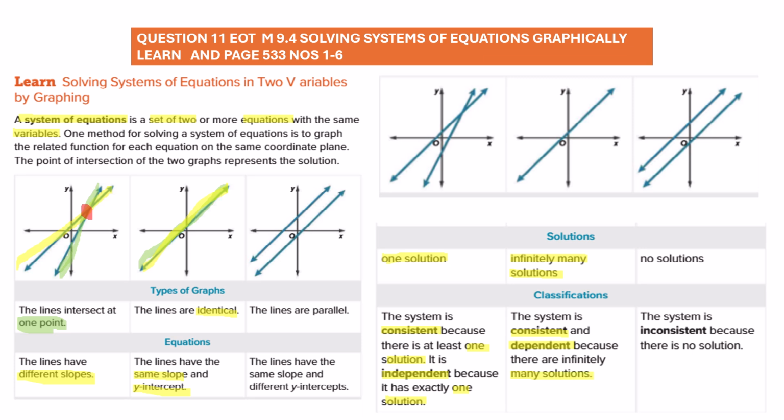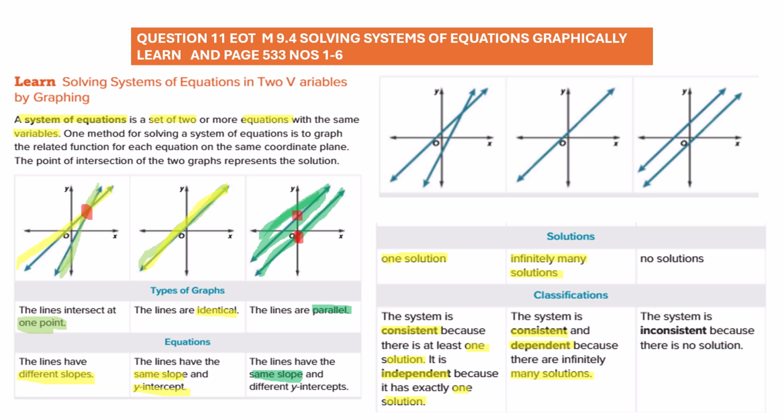Going to the third system of equations, we can see very clearly that the lines are parallel to each other. The lines have the same slope, but different y-intercepts. As we can see here, both these lines cut the y-axis at 2 different points.